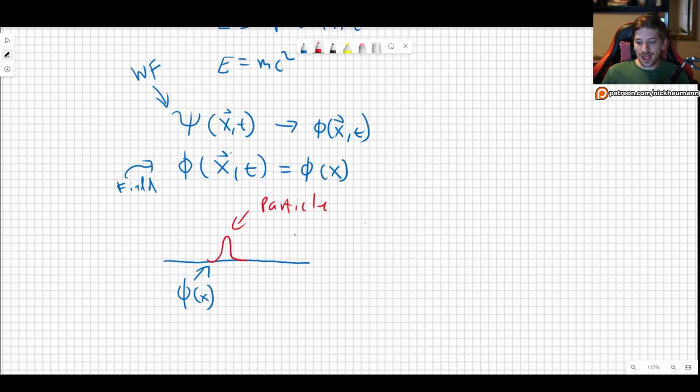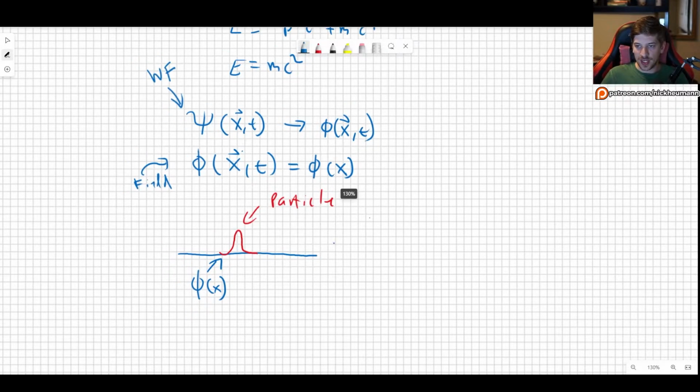So that is very important. In field theory, we allow for this exchange between energy and mass. Now, an example of what we have right here is the photon. In the case where we have an electromagnetic field, the excitation of the electromagnetic field is what we call the photon.